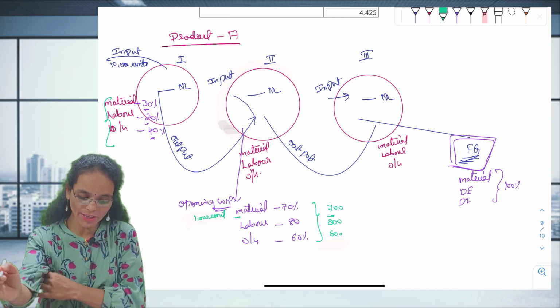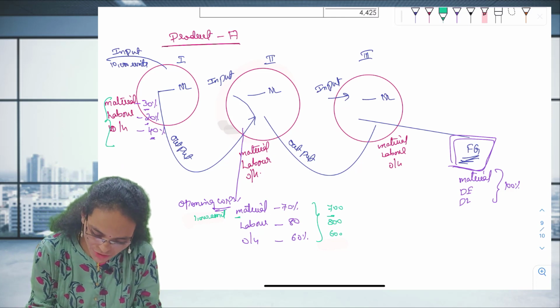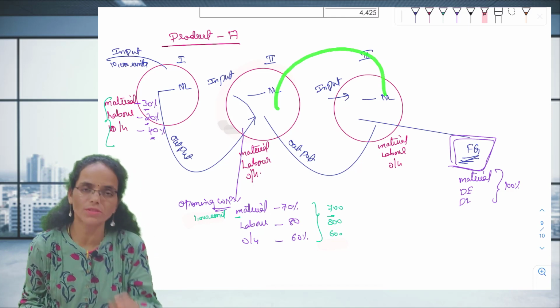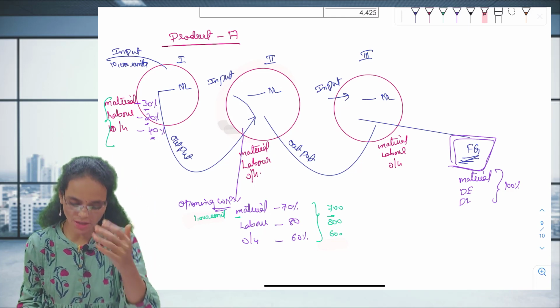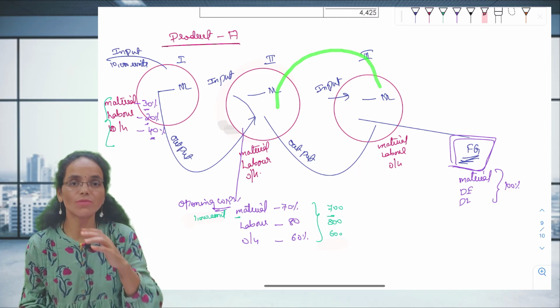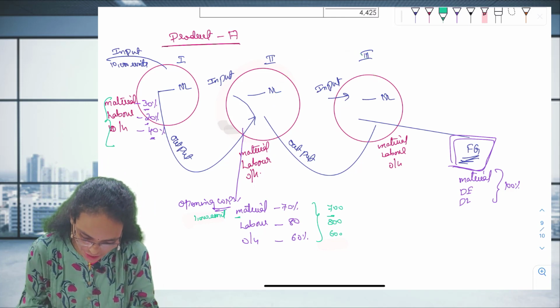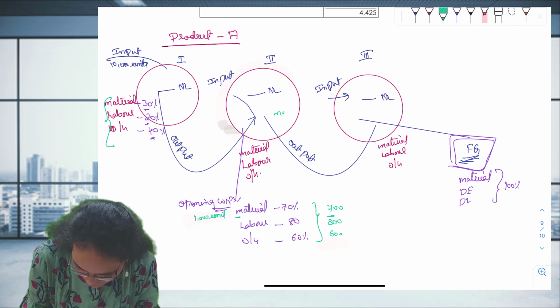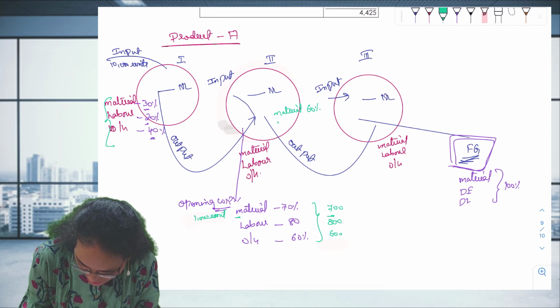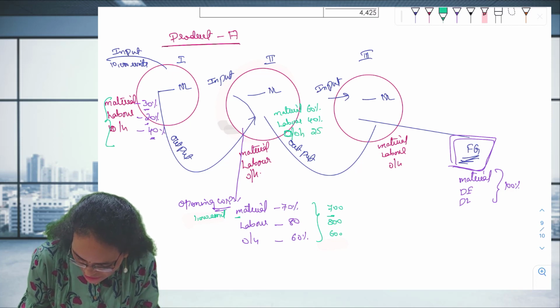In the same manner, if I am transferring from the second process to the third process, another example: when I am transferring, take the example, material 60% is done, labor 40% is done, overhead 25% is done.